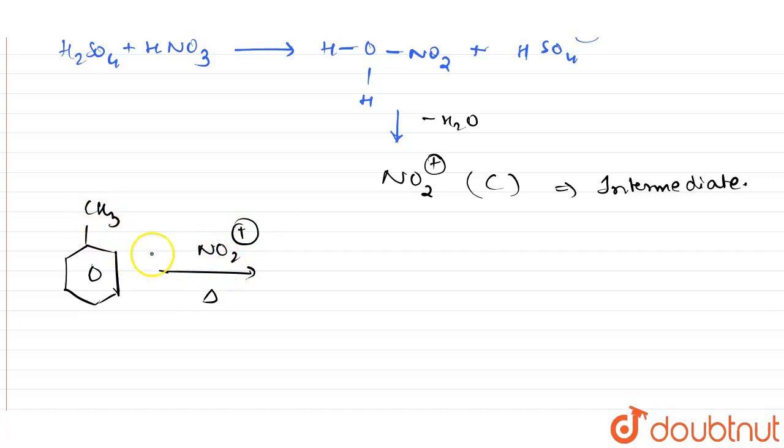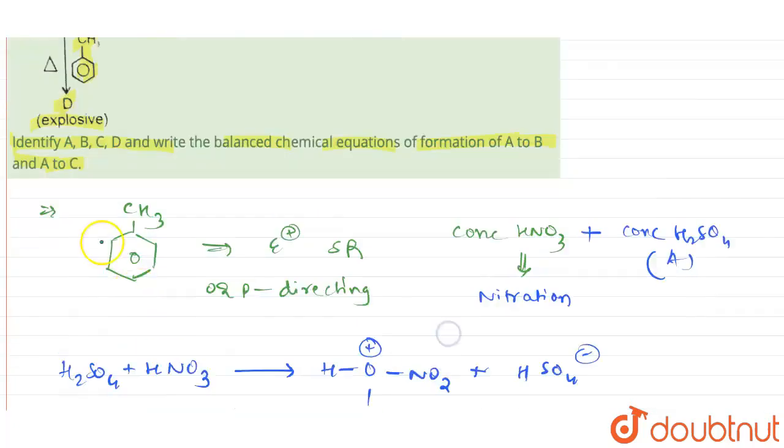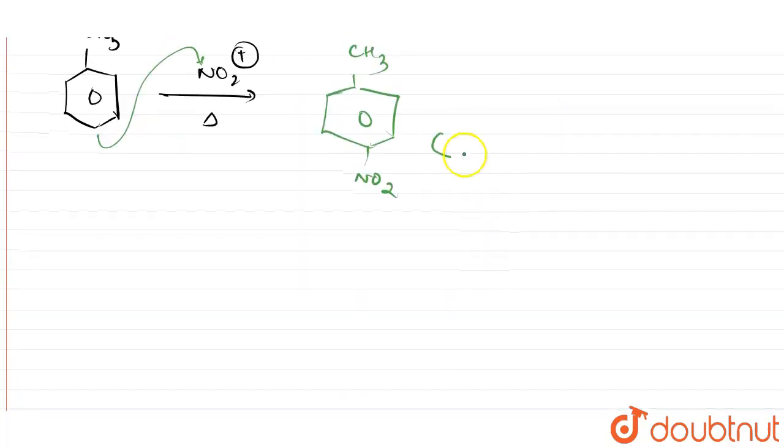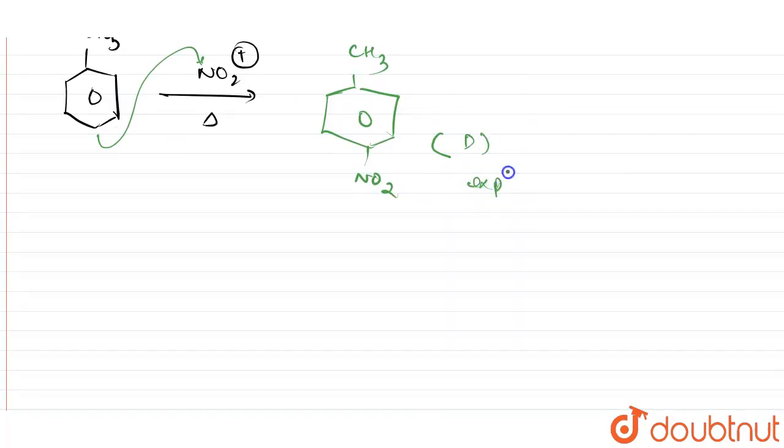NO2 being a big, bulky group, steric hindrance will be there, and hence the attack is on the para position. So the molecule we are going to obtain is CH3 with NO2. This will be the major product, and this is your D, which is an explosive also. Paranitrotoluene is an explosive.